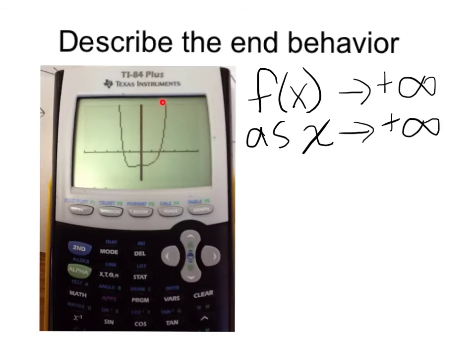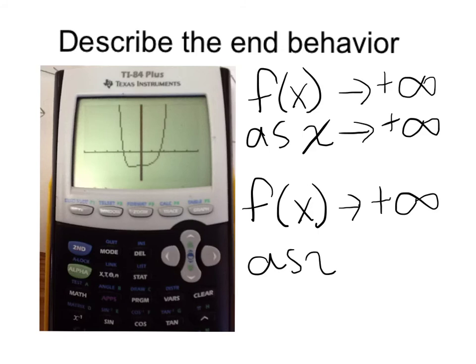That's indicated by this. Then the function goes towards positive infinity as x, the input, goes towards negative infinity, and that is this part.